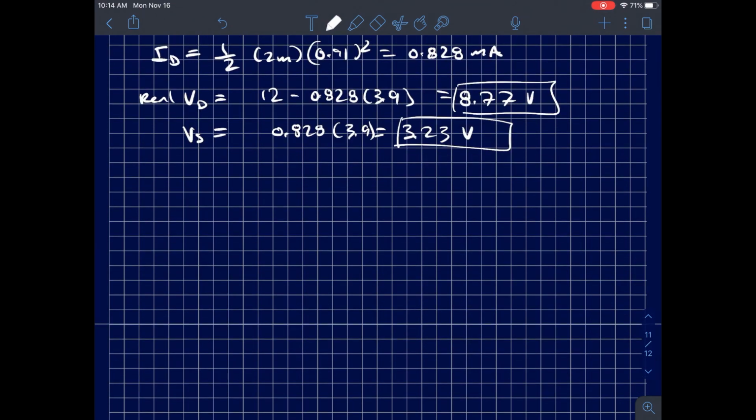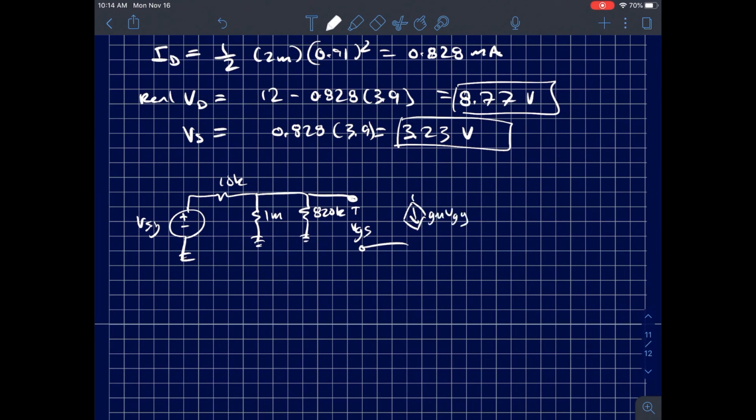Now let's go to the small signal model. I've got V sig here. I've got my nice 10K right here. I've got a 1 meg in parallel with a 820K. Across there is where I measure V gate to source. Then I've got my values here. We'll see how gm and r0 are changed, but this is gm VGS.